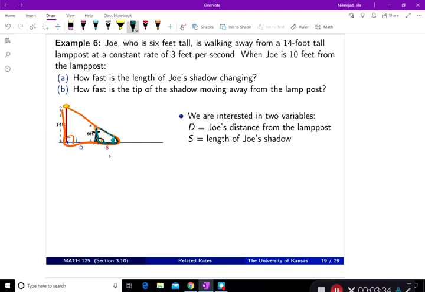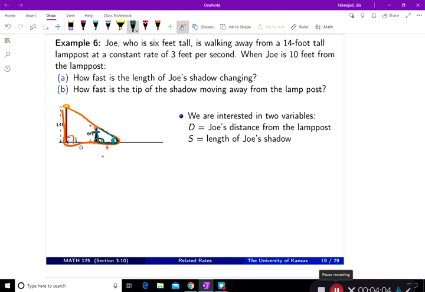We have to use the fact that they're similar triangles to figure out how S, 14, 6, and D are related together. So let's use the similarity to write down a relationship between S, D, 6 feet, and 14 feet.